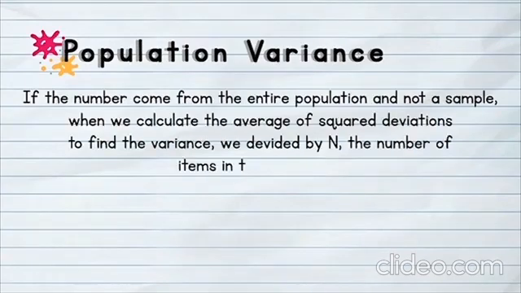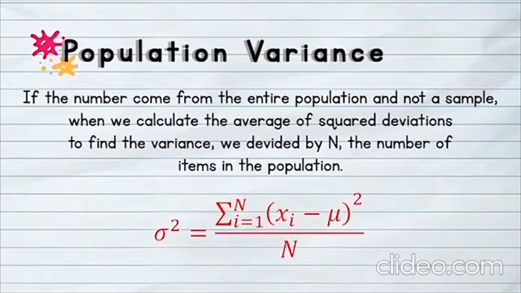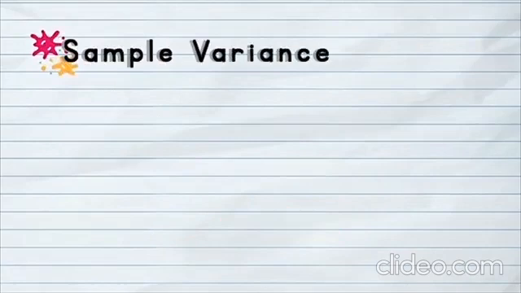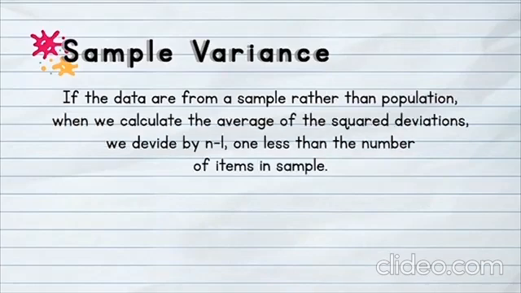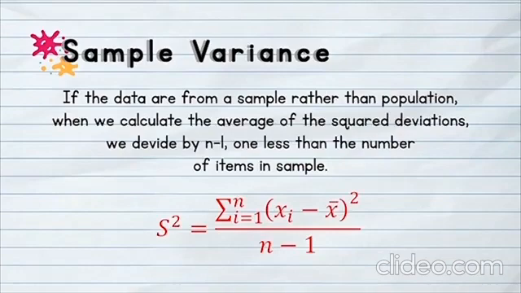Population variance is represented by sigma squared, which means the sum of squared differences between the observed value and the population mean, divided by the total number of observations. Sample variance is represented by S squared, which means the sum of squared differences between the observed sample value and the sample mean, divided by the number of sample observations minus 1.